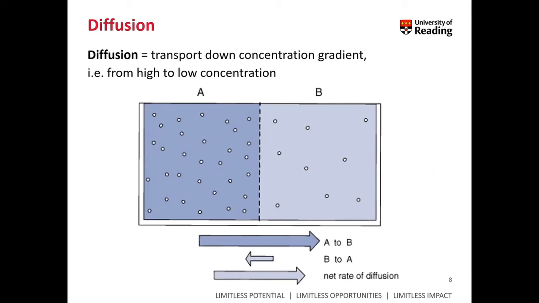They're random. But what we do know is that the higher the concentration of a species, the higher the probability that two species will collide with each other.